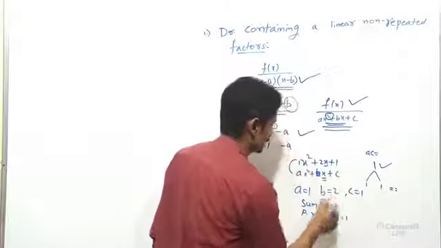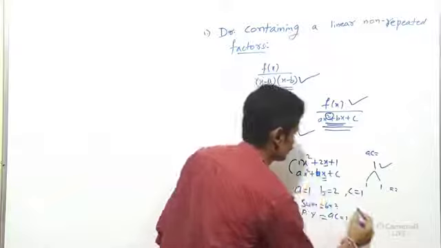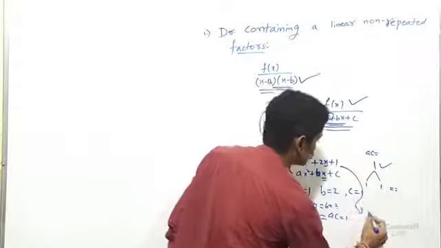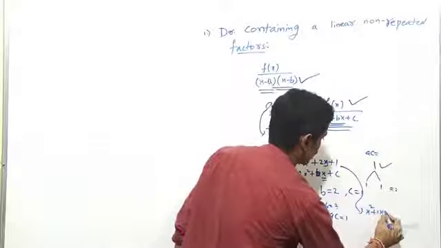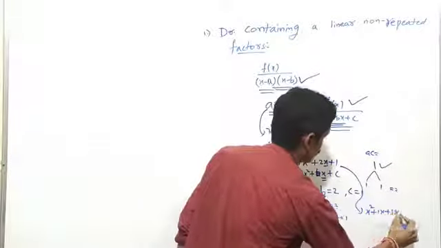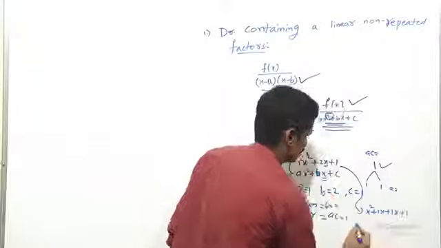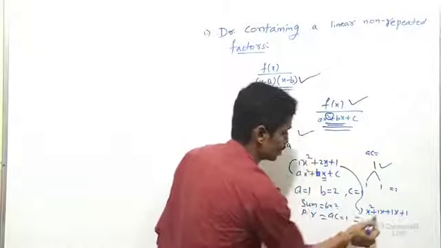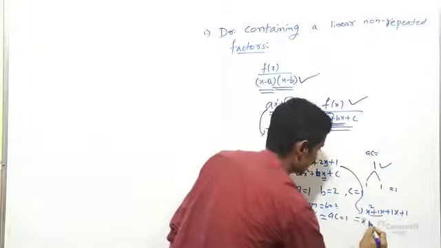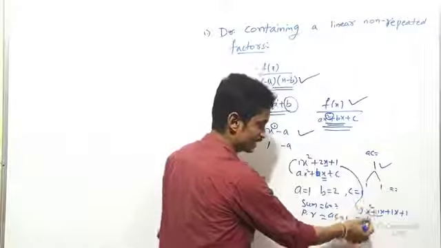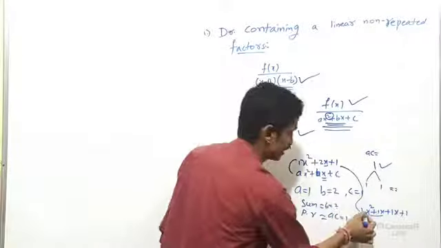So now how can I write this one? This is x square plus 1 into x plus 1 into x plus 1, equal to, let us take common. What do we have common? That is x. When I take x common, what will I have?